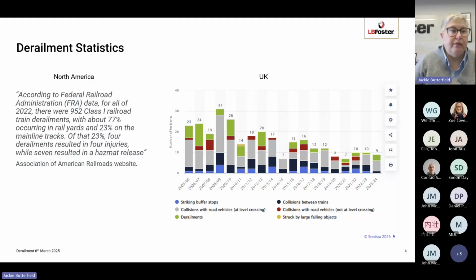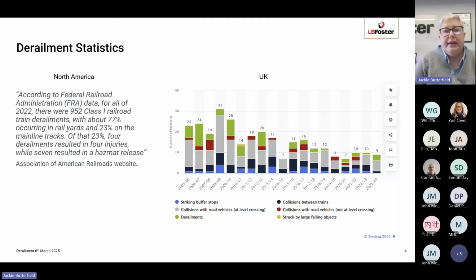Class 1 being heavy freight, with around 77% of those occurring in rail yards and 23% on the mainline tracks. Of that 23%, 4 derailments resulted in 4 people being injured and 7 resulted in a hazardous material released to the environment. So that's North America.